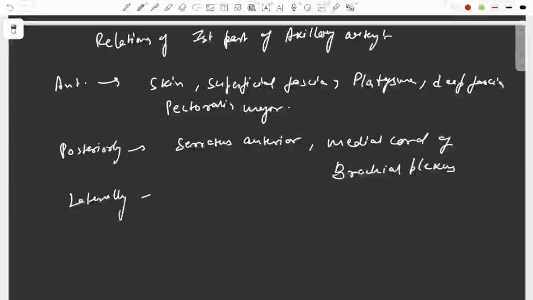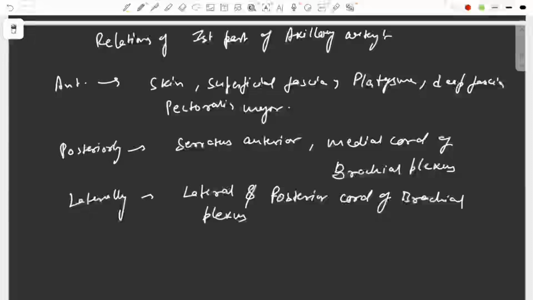Laterally it is the lateral and posterior cord of the brachial plexus. And medially it is the axillary vein.